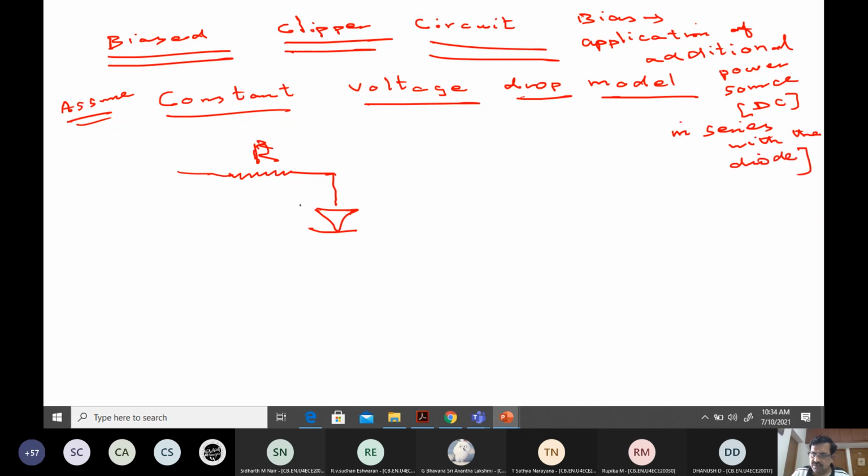The way I'm going to do it is I'm going to connect like this. This is my positive, this is my negative. So I connect a DC battery which supplies a constant voltage, some reference voltage, V reference.